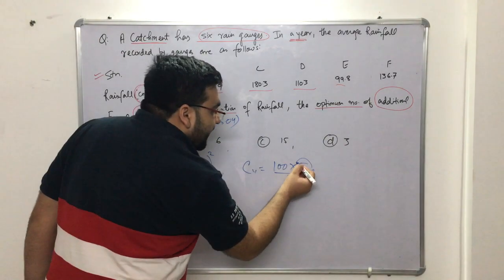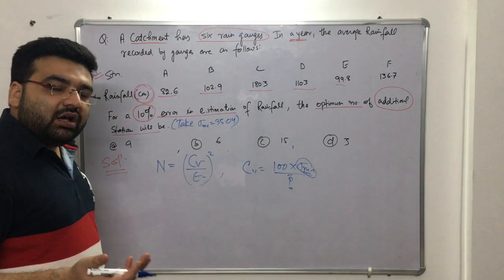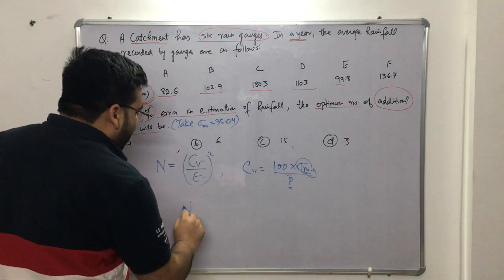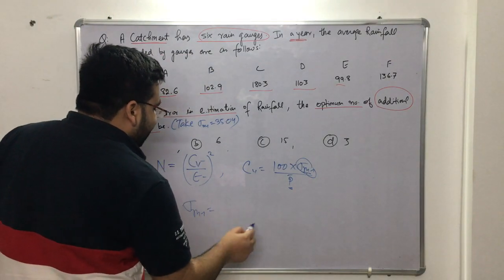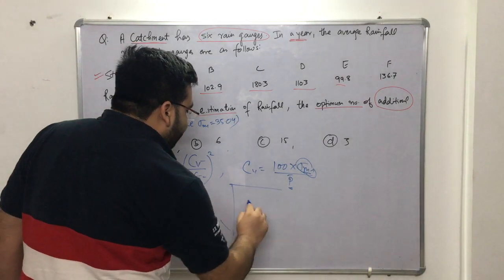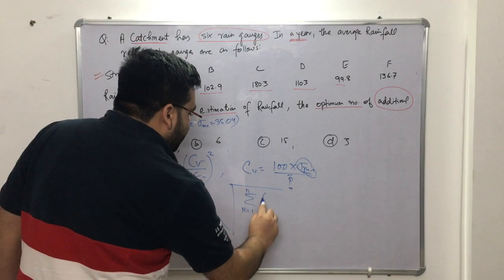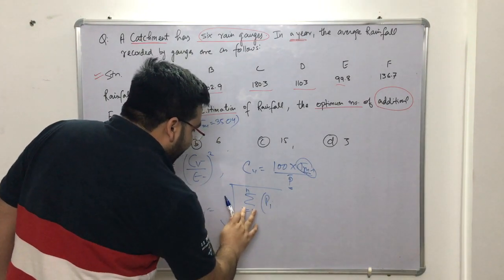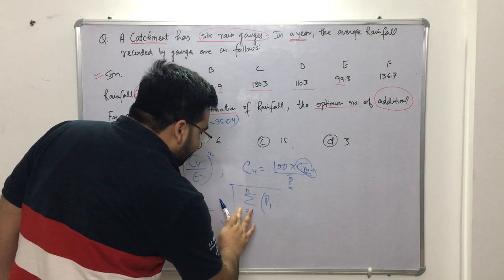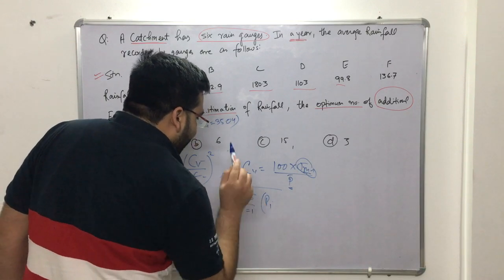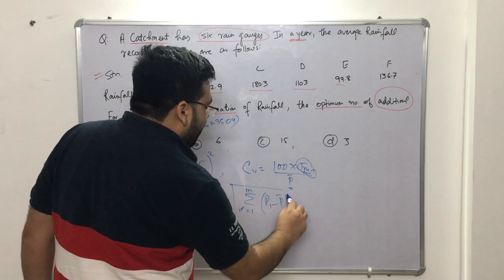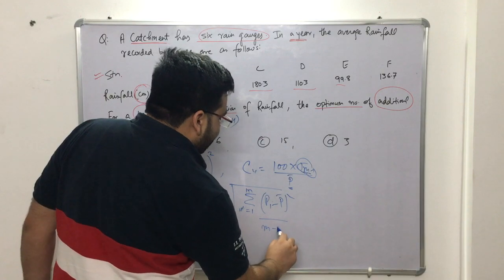Now suppose sigma m minus 1 had not been given, I have told you that the formula for the standard deviation is the square root of summation i from 1 to m of (Pi minus p bar) squared divided by m minus 1.